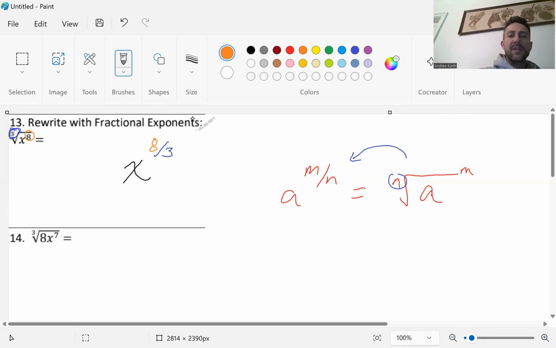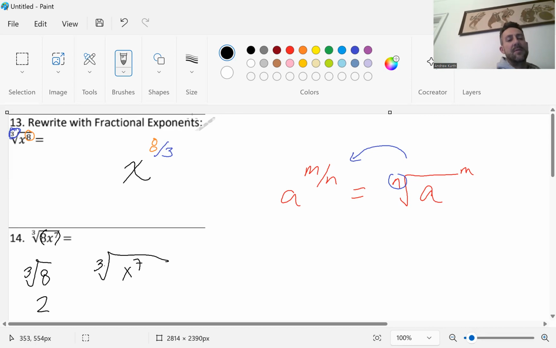Now on number 14, something similar, but now we have 8 multiplied by x to the 7th in this group under the radical. So that means that we need to do the cube root of 8, and then we also need to do the cube root of x to the 7th, like that. So the cube root of 8 is 2.